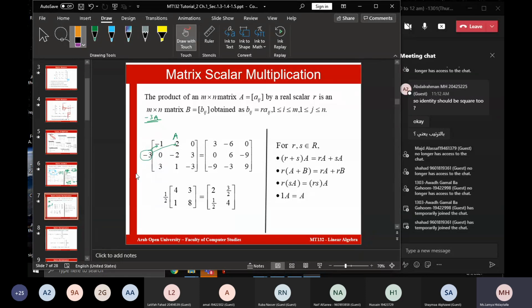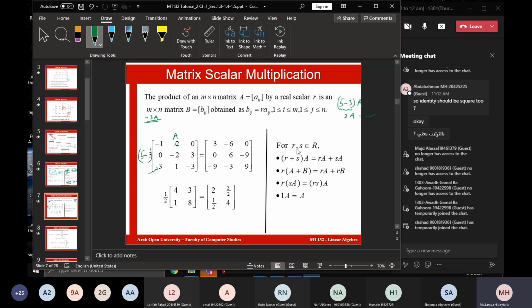طيب. Now, what if I have 2 numbers and then multiplied times A? هنا مثلا 5 minus 3 multiplied by this A. Okay, so هيكون عندي 5 minus 3 and then times the matrix A. What we do? We can simplify this first. 5 minus 3 is 2 and then multiply 2 by A and get the result.